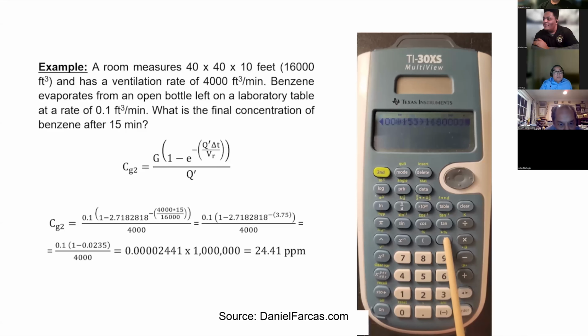And then we multiply our answer by 1 million because we want to know parts per million, and that equals 24.41 parts per million.